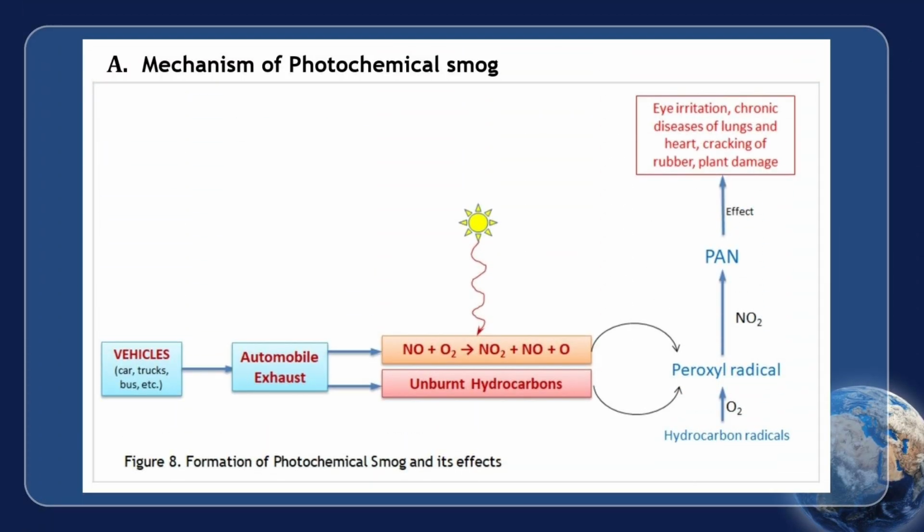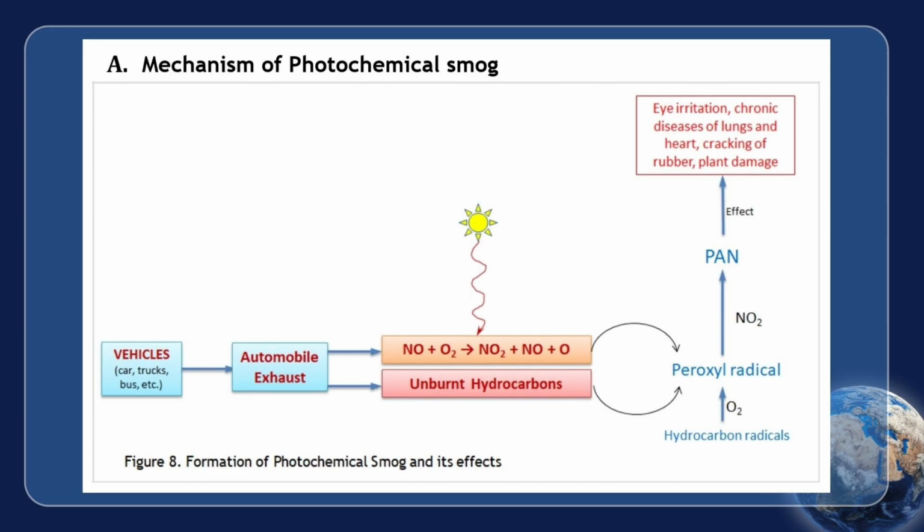Next, mechanism of photochemical smog or how photochemical smog is formed. So kapag nagbuga ng usok ang mga sasakyan natin or mga truck, maglalabas yun ng mga nitrate oxide which is mag-react kapag nainitan. And kapag nag-react yun, magpaproduce sila ng peroxide radical. Then pag nag-build up yun, mag-react ulit siya sa nitrogen dioxide.